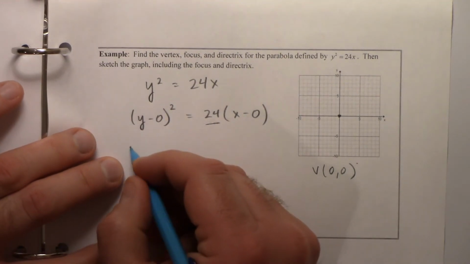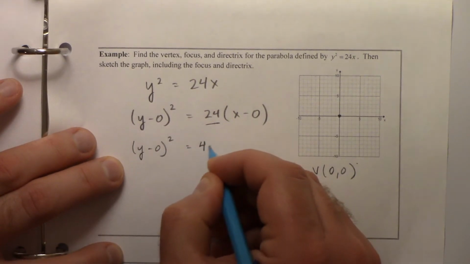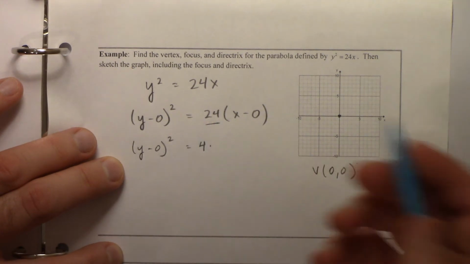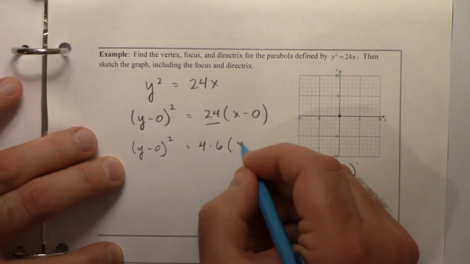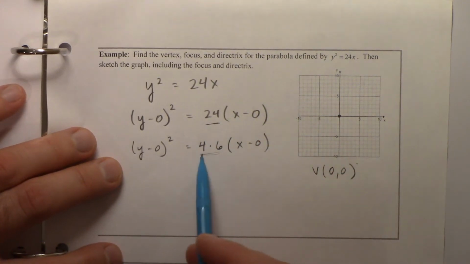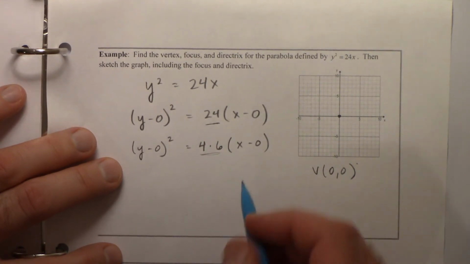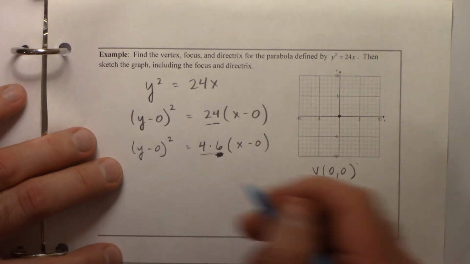So basically what you want to do is factor that number as 4 times whatever other factor is going to get you to 24. In this case it's 6. So 4 times 6 and then (x minus 0). And so again, when you look at that, certainly it's equivalent. 24 is the same thing as 4 times 6. The reason I write it that way is because now I can see that that p-value is 6.